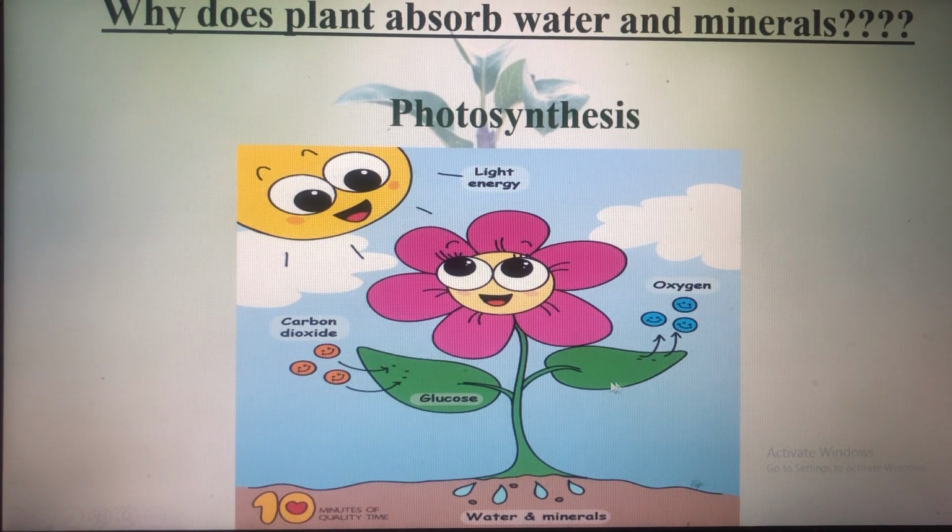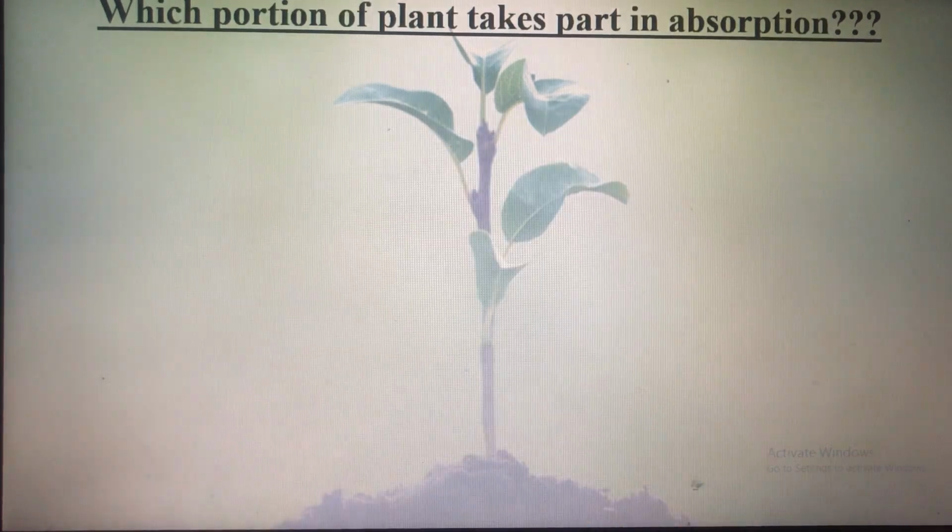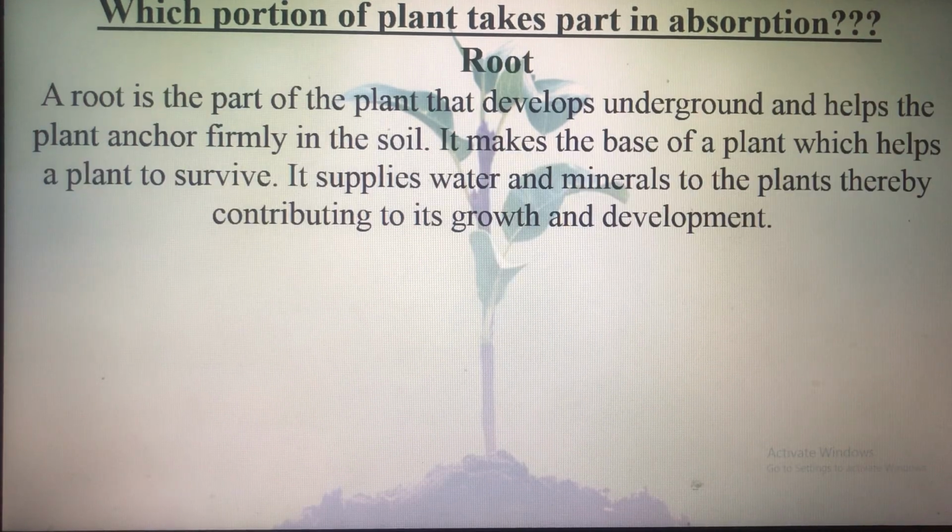As photosynthesis plays a significant role in the survival of all living organisms, and water and mineral salts are necessary for this process, the absorption of water and mineral salts is also of significance in a plant's life, right? Next, we're going to discuss the part of the plant that takes part in absorption, and that is the root.